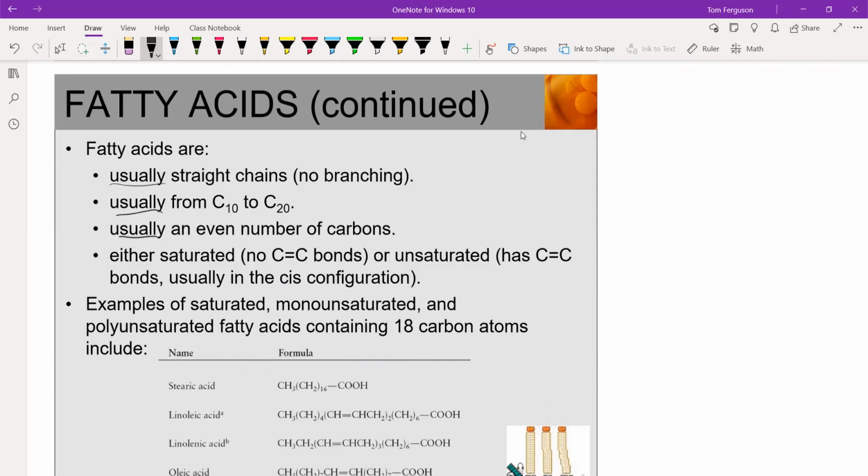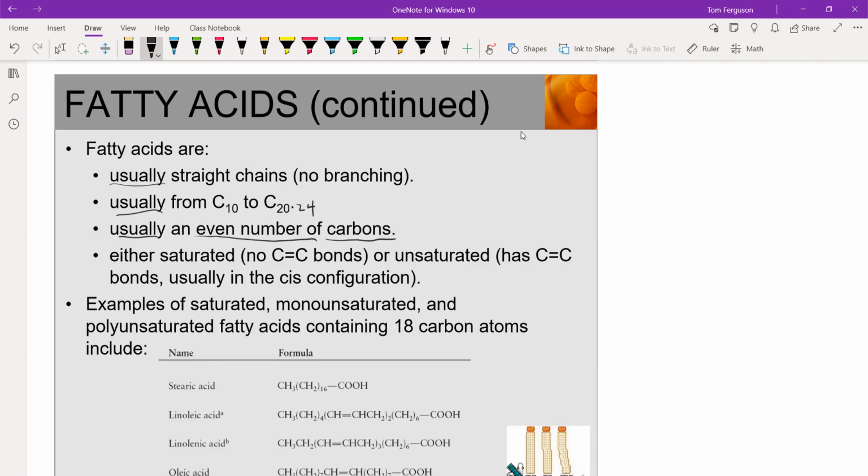Okay. Fatty acids, and this can go up to 24, are straight chains. They can be saturated or unsaturated, and they have an even number of carbons. The reason for that is we're going to talk about metabolism of lipids in unit 3, and it's made in 2 carbon units.